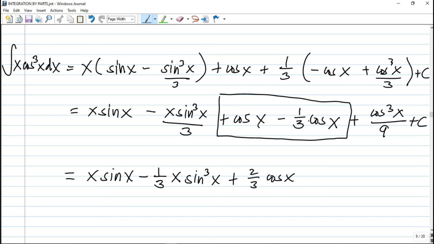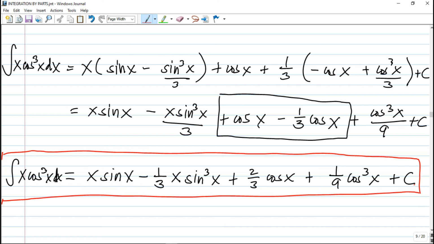So plus 1/9 cosine cube x, plus c. That is the final answer for this last problem. So this is integral of x cosine cube x. Okay, that's it, guys, for today's video.